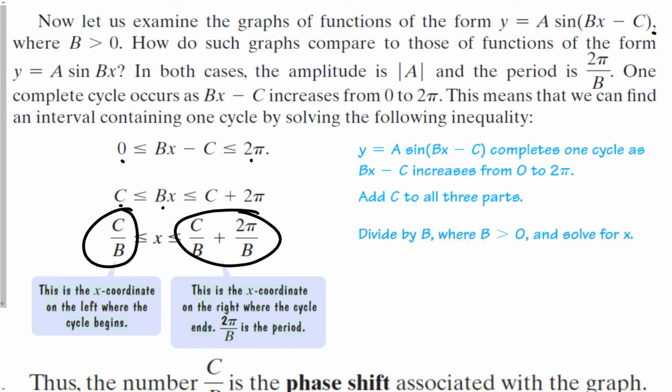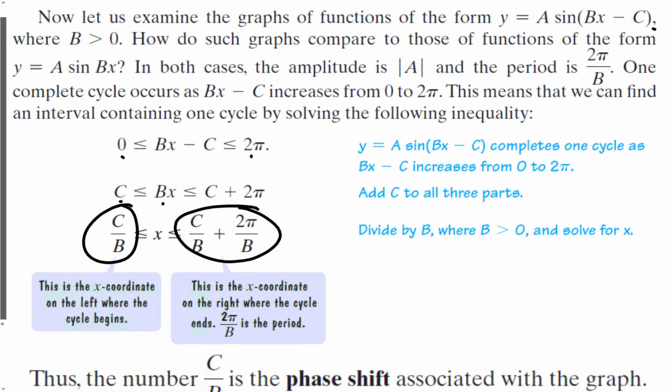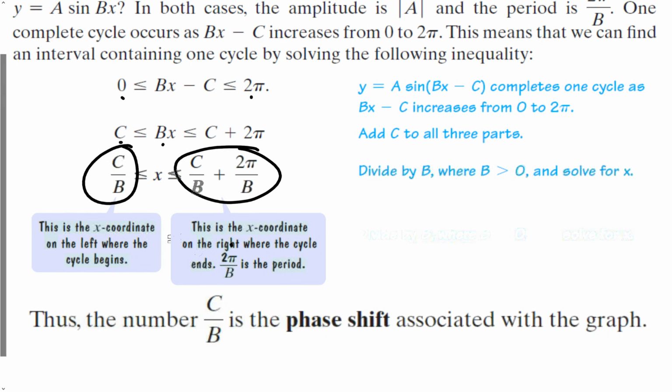Okay, this number, c over b, is called the phase shift. Okay, it's still a horizontal shift, but remember I said that these functions like to call everything a little bit different. Instead of horizontal shift, we call it phase shift. Okay?